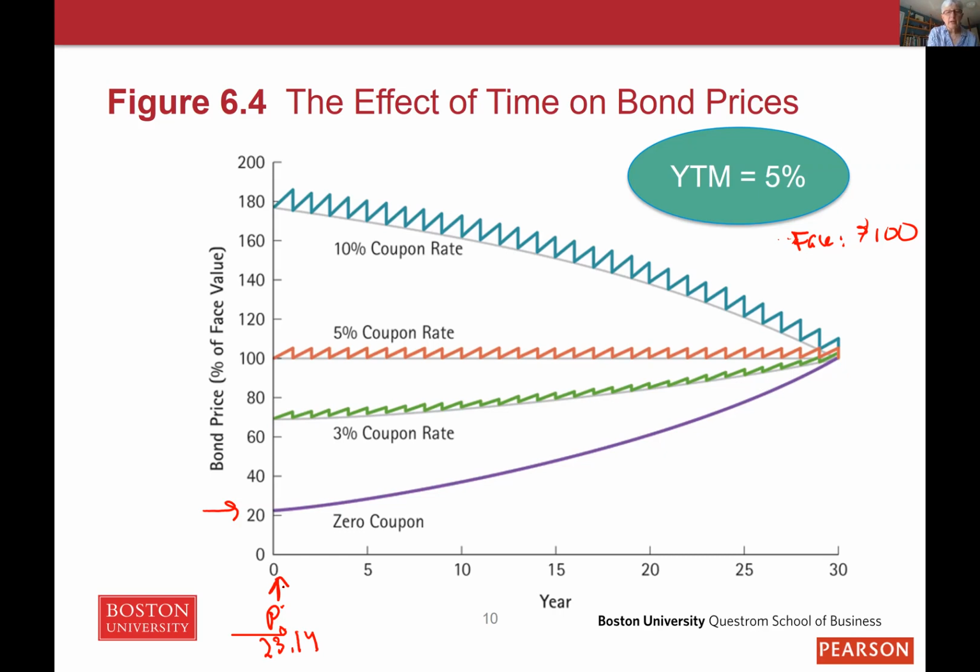Now let's imagine that we hold it for 5 years and sell it. So we're doing the same thing that we did with that first bond at the very beginning of class. So what's the price if we sell it at year 5 when we have 25 years left on the bond?